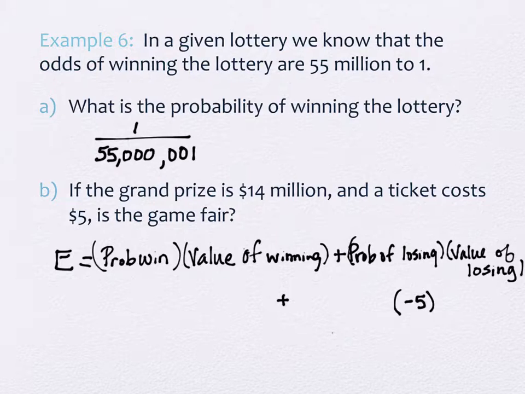What did you say, Alicia? 55 million over 55 million. Right, so the one that's on part A is actually the probability of winning. This is the 1 over the 55 million and 1. So if the probability of winning is 1 to 55 million and 1, then the probability of losing is 55 million to 55 million and 1.